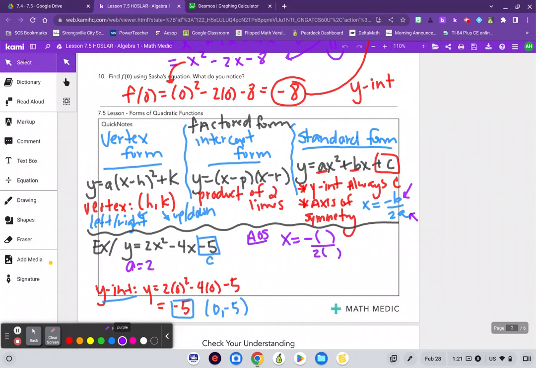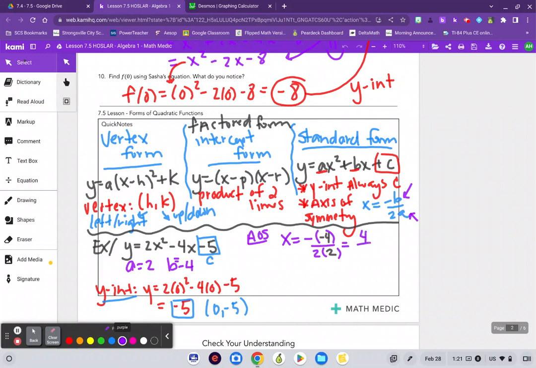I'm going to come over to my equation and say a is 2. There's no x squared with this, just the number. And b is the coefficient of x, so negative 4. No x with that. And so I'm going to take that b value and put it in this little formula. Negative 4 is my b value over 2 times 2. That's my a value.